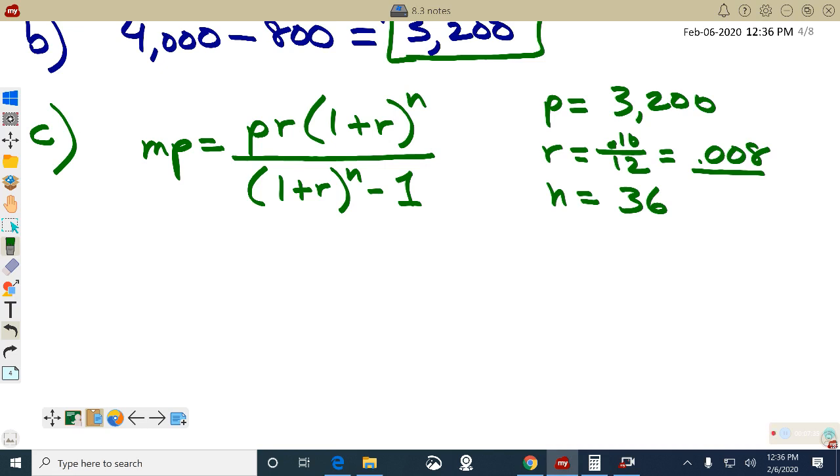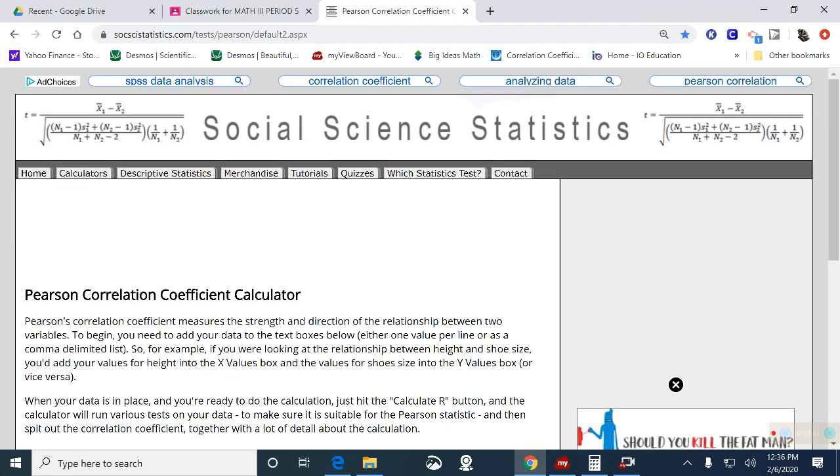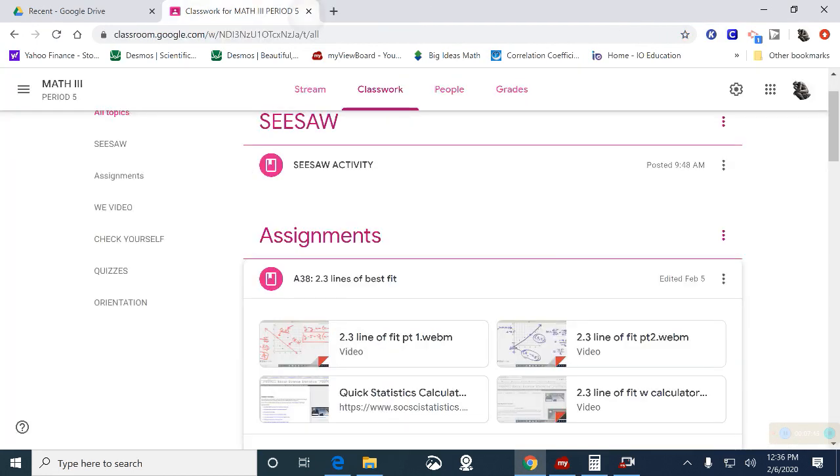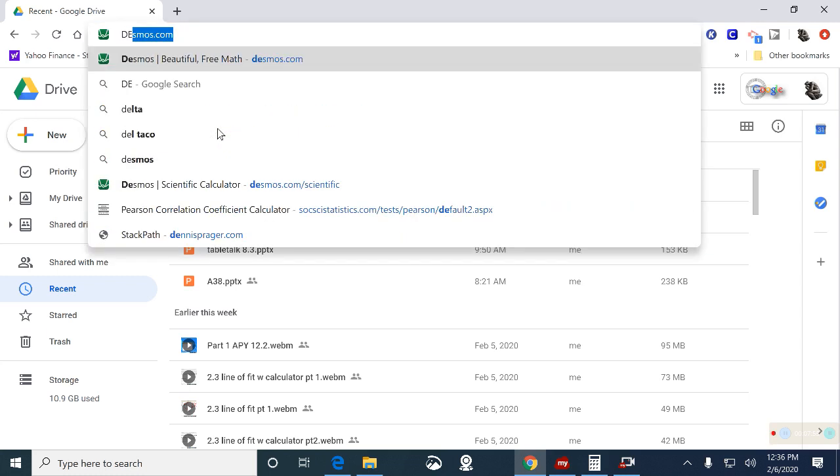You're going to do it with me. Here we go. So on your Chromebook browser, everybody go to Desmos. I got a veteran student here. So go to your browser. You're going to practice this with me, so this way, tomorrow you can do it on your own. Go to desmos.com.